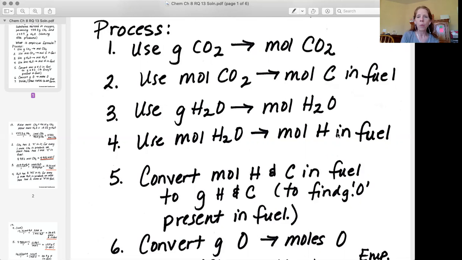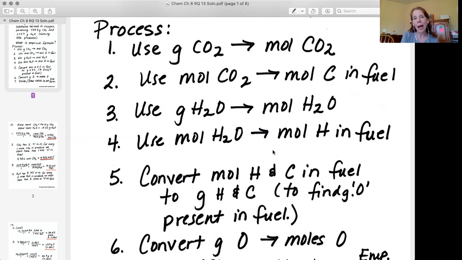Because we have figured out the number of moles of carbon in the fuel and the moles of hydrogen in the fuel, what we can do is convert those into grams. So we'll figure out how many grams of carbon we had, how many grams of hydrogen we had, and we do have the original mass of the fuel.